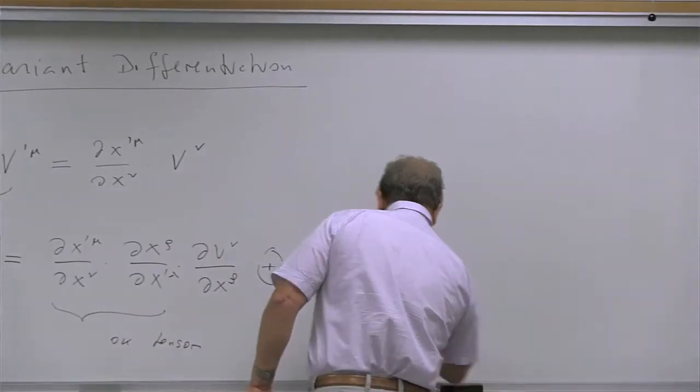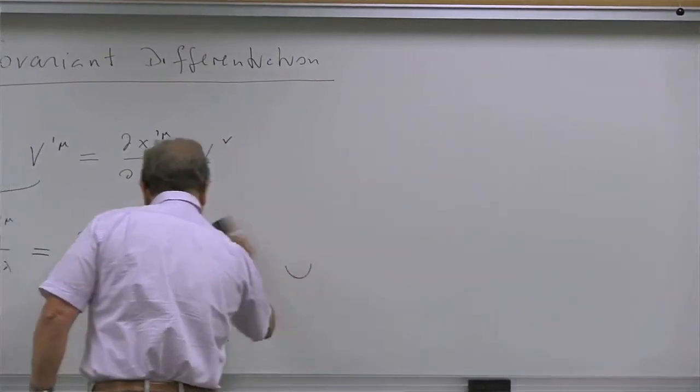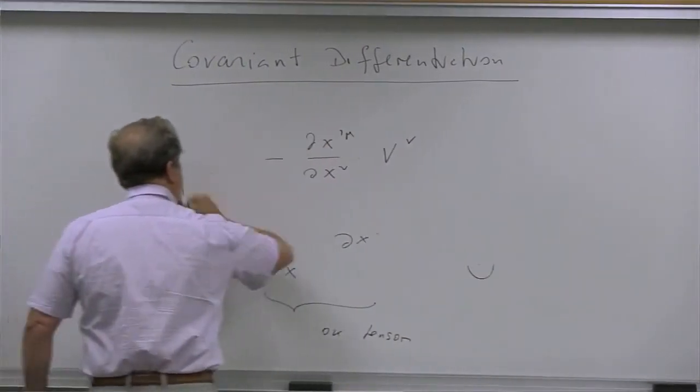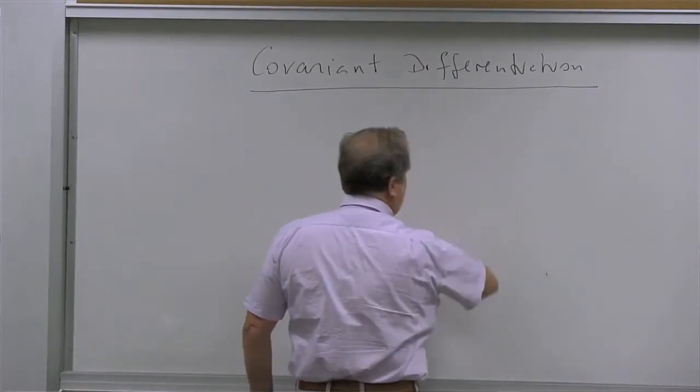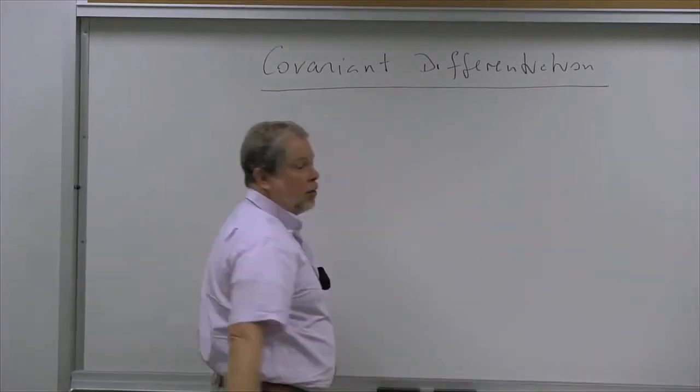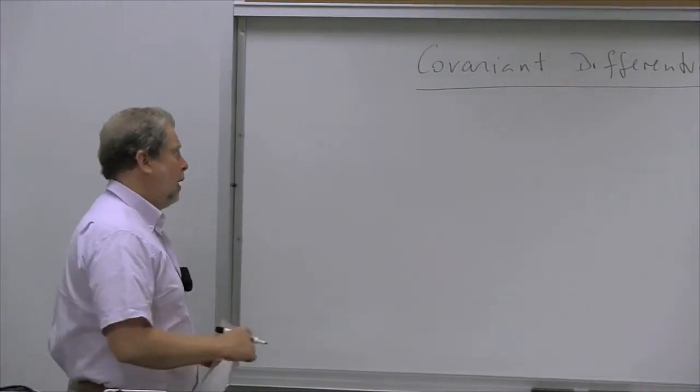So we can define this covariant derivative also for a vector that is covariant. Now you go through the same exercise, and the piece you pick up when you do the transformation of the ordinary derivative has the opposite sign.